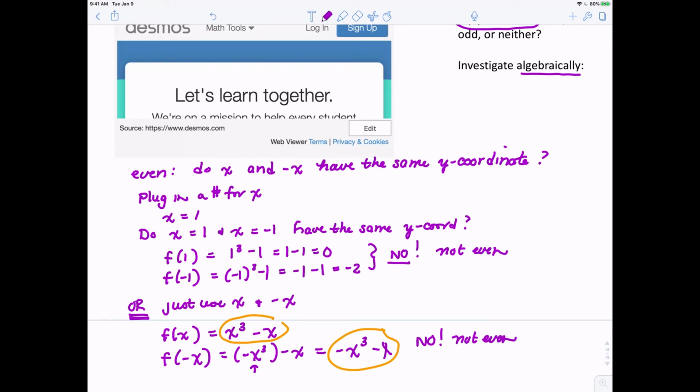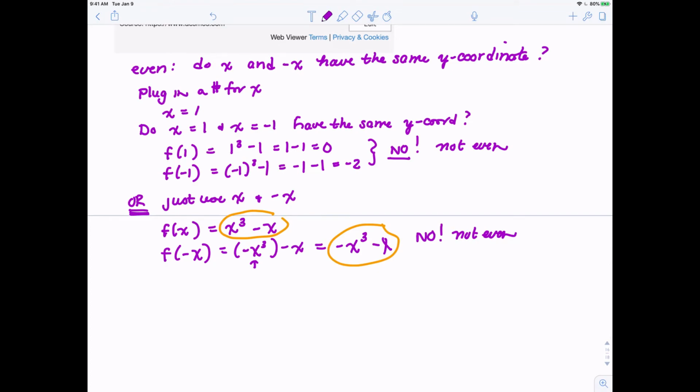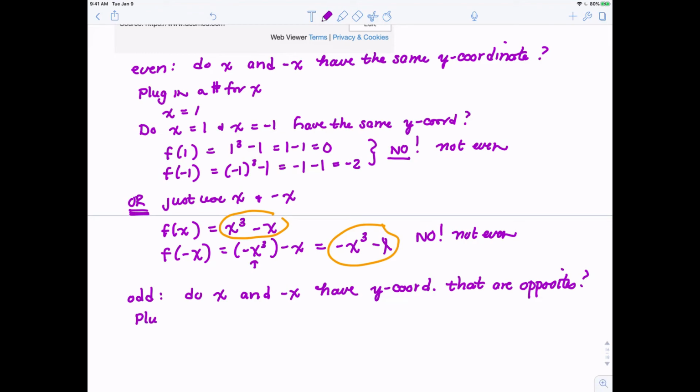You could investigate odd in the same way. So for odd, remember the question we're asking ourselves is, do x and negative x have y coordinates that are opposites? And again, you could investigate this with a number. So you could plug in a number for x.